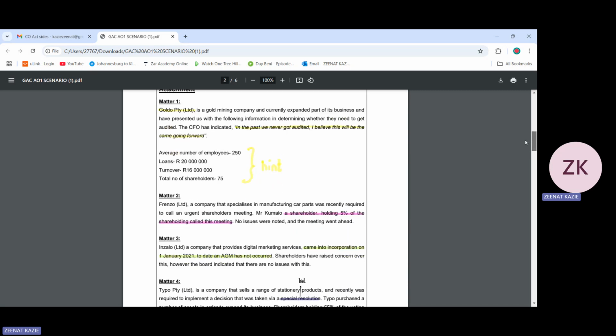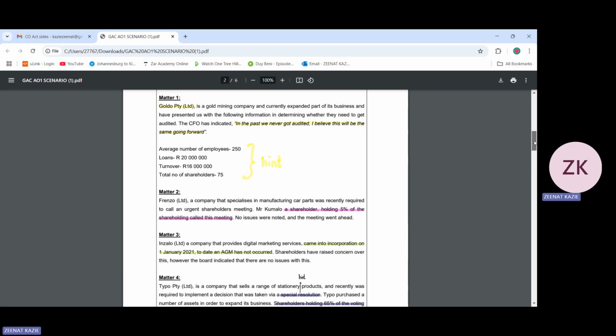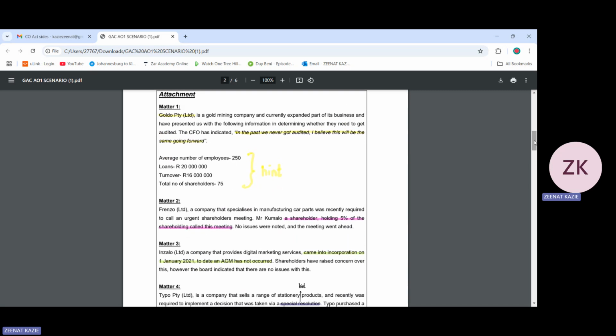So if we start with matter 1, obviously when you are reading the question, you are going to read the entire scenario, but for time purposes, we're just going to jump straight to matter 1. Matter 1 states that Goldo Pty Ltd. Firstly, when you read that, what is Pty Ltd? You automatically have to be thinking private company. That's how you should be picking things up as you're reading. So you can make a little note, private company.